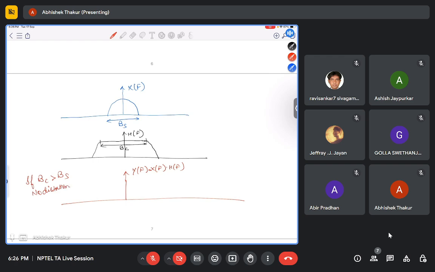So this is known as flat fading, and the received symbol is similar to the transmitted symbol, that is X. So this is the case of flat fading.